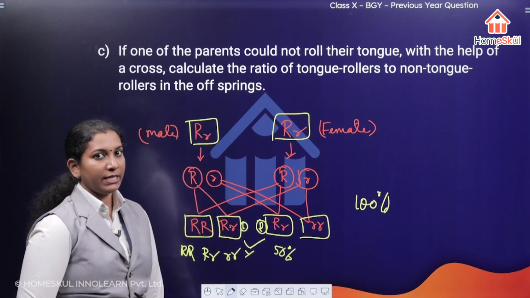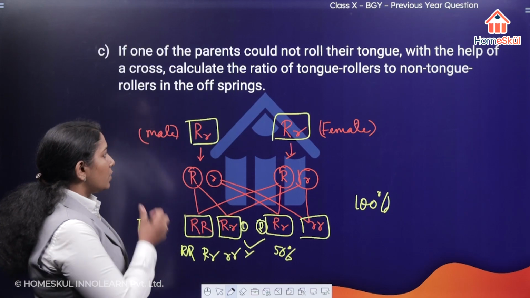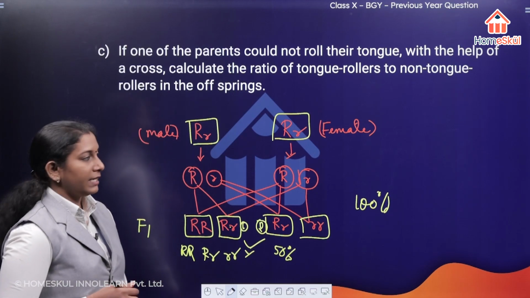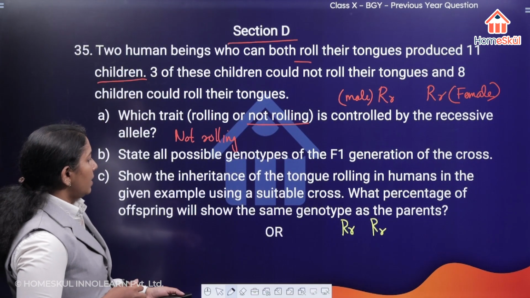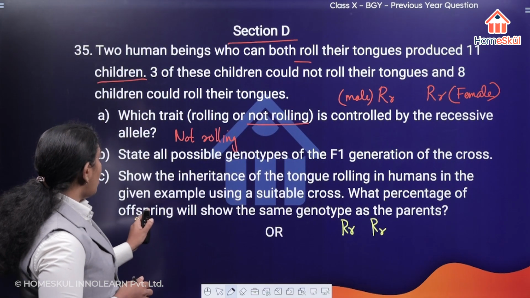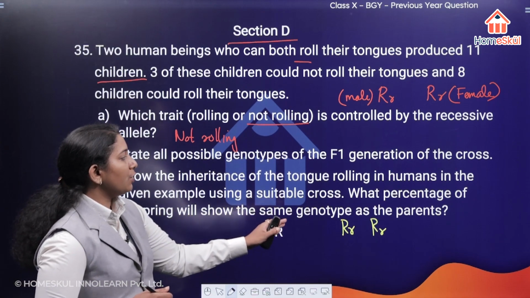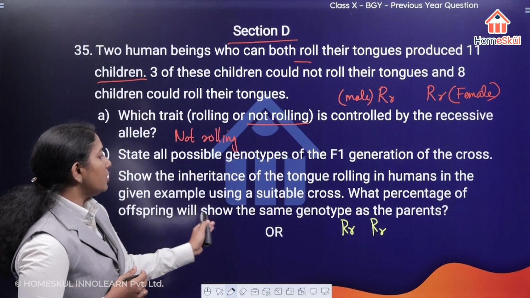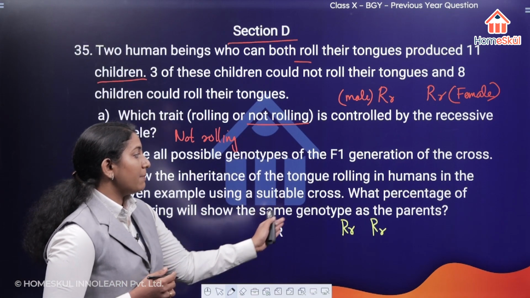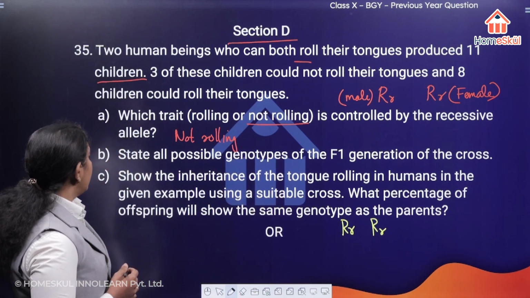So this is the cross. What percentage of offspring will show the same genotype as the parents? 50% of the offspring will show the genotype which is the same as their parents.